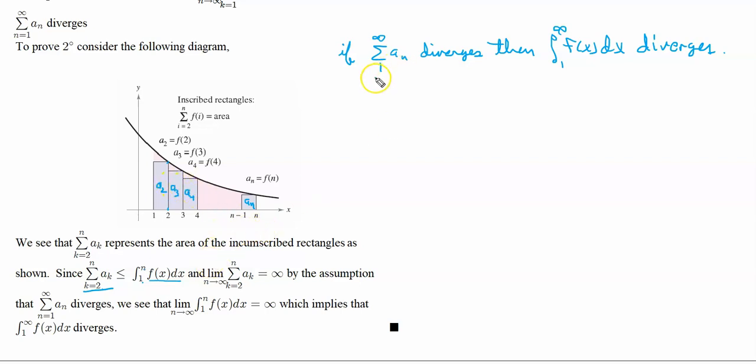Now we're assuming that the series diverges, so the limit as n goes to infinity of the summation from 2 to n of ak is equal to infinity, because it's supposed to diverge. And so the limit as n goes to infinity of the integral from 1 to n of f of x dx must also equal infinity, because it's bigger than these terms.